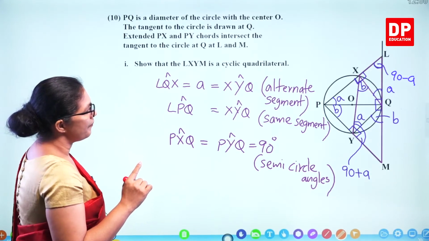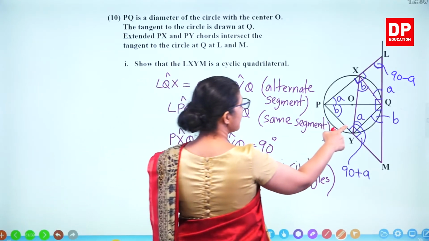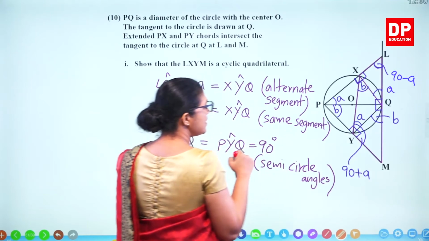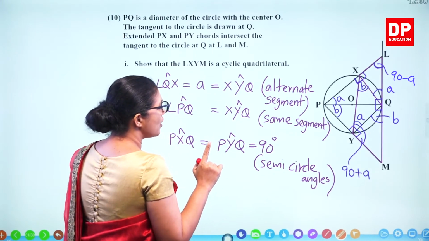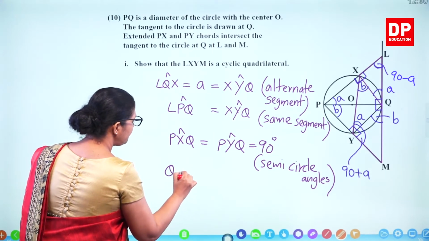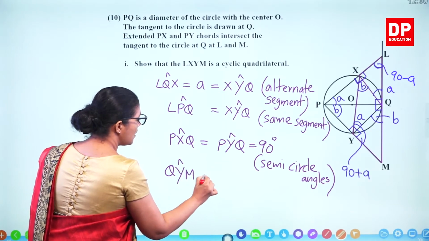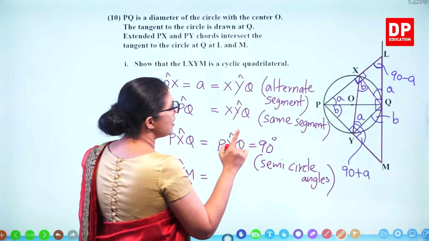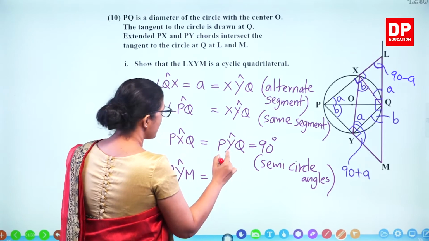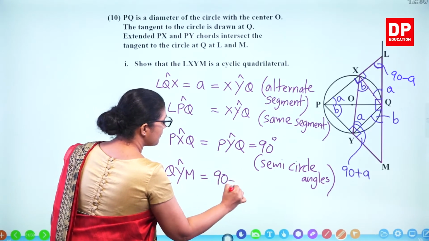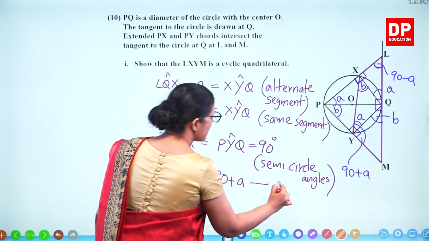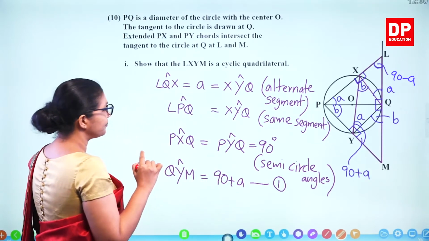That's 90. So, because of that, we can write this angle is 90 plus A. So QYM is equal to 90 plus A. That one you need, that's the first equation.